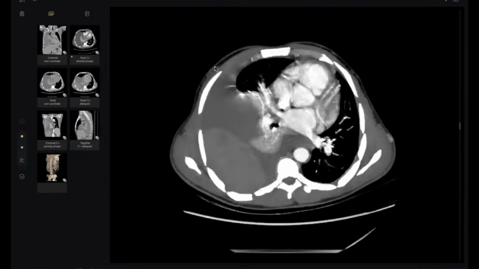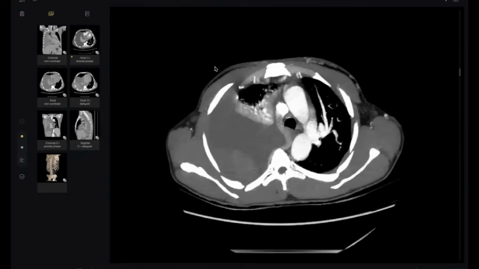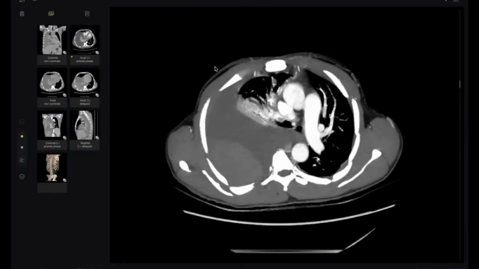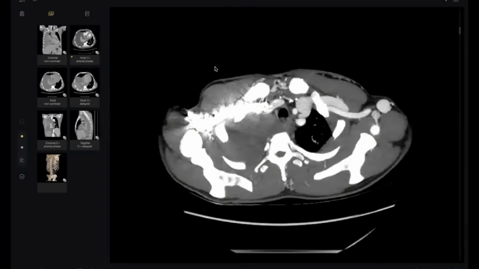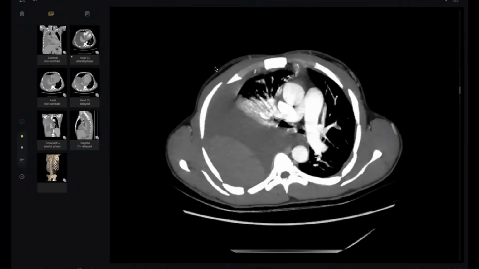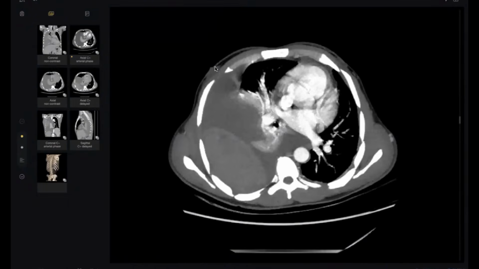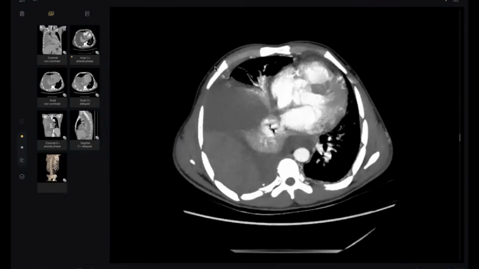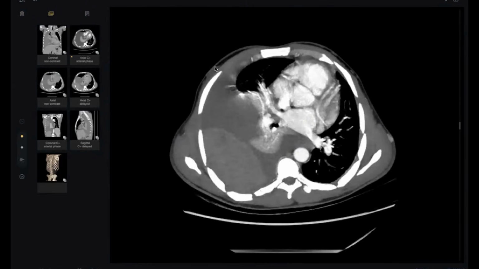I can see that there is a right-sided large pleural effusion along with right lung collapse. There is also, on the right adjacent to the chest wall, an oval-shaped convex hyperdense structure.